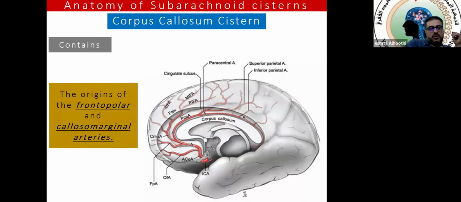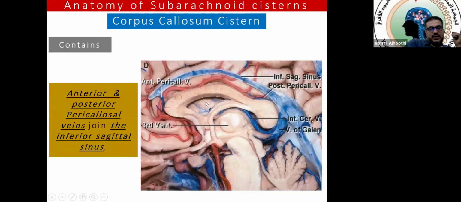The origins of the frontopolar and callosomarginal branches of the anterior cerebral artery. The anterior and posterior pericallosal veins also join the inferior sagittal sinus. This is the inferior sagittal sinus, and this is the anterior pericallosal vein.